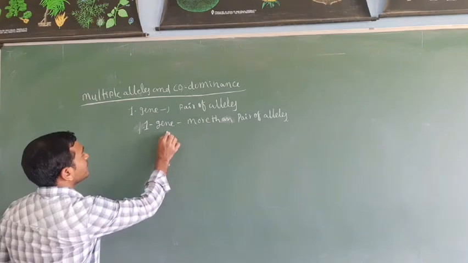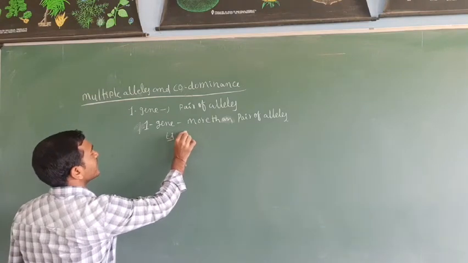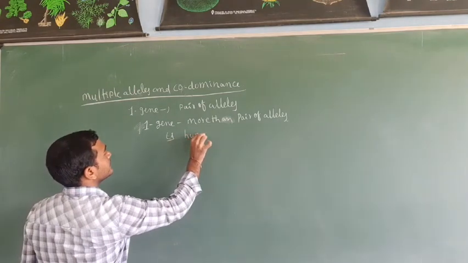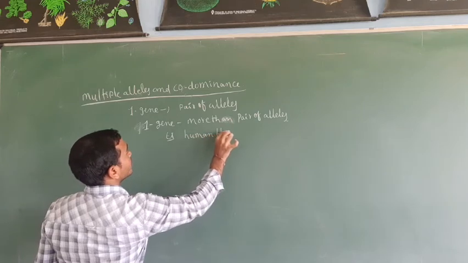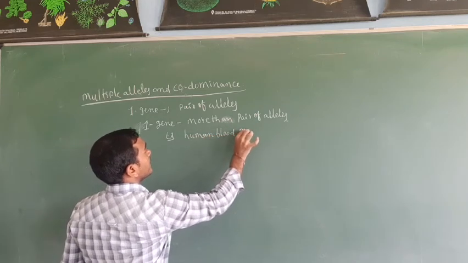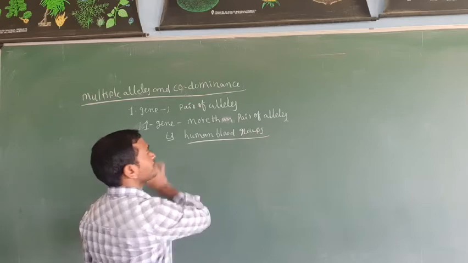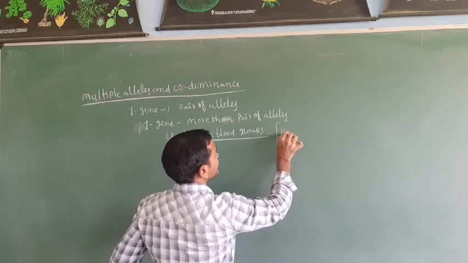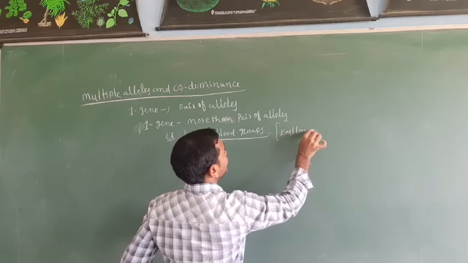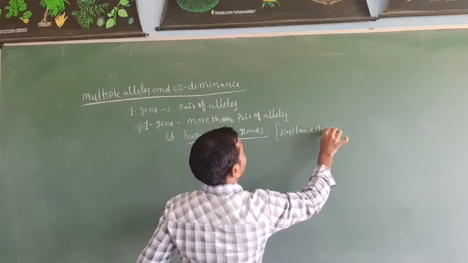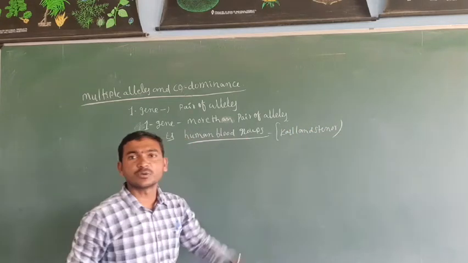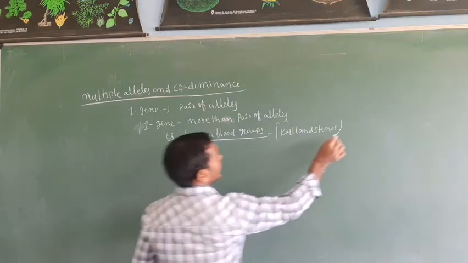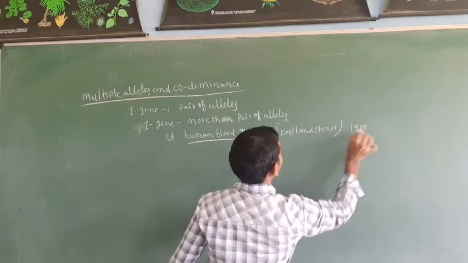As an example of multiple alleles, we take the human blood groups. The human blood groups were first discovered by Karl Landsteiner in the 19th century.